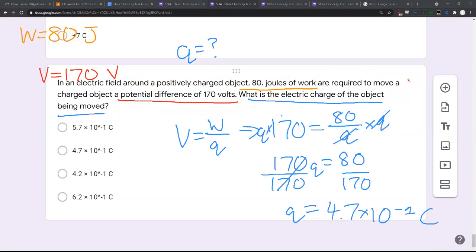Any questions about number 12? Any questions about number 12? I'll give you some time to copy down the answer.